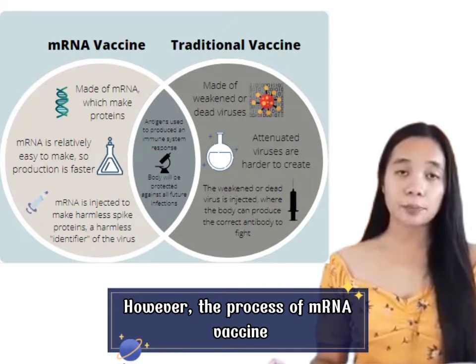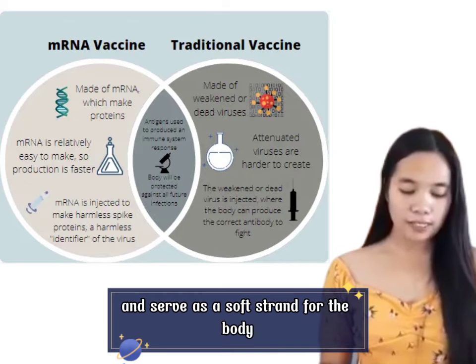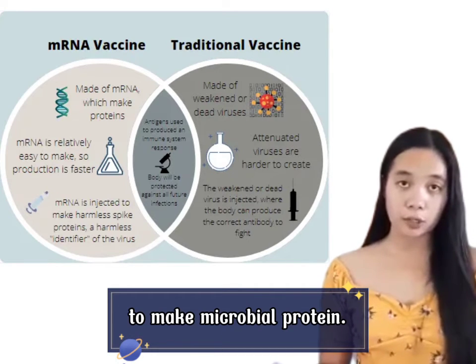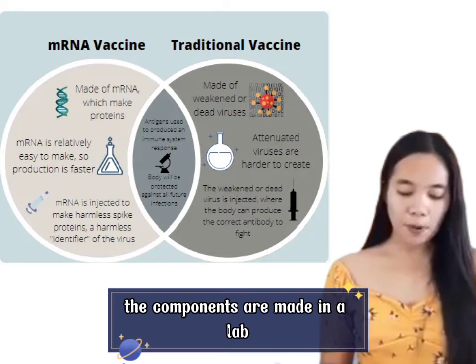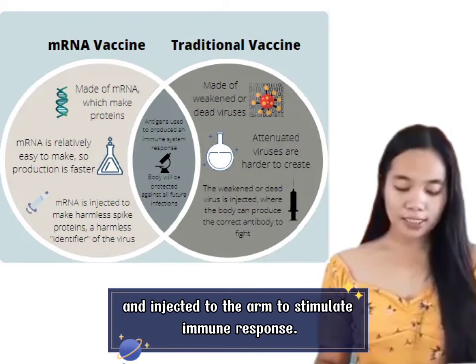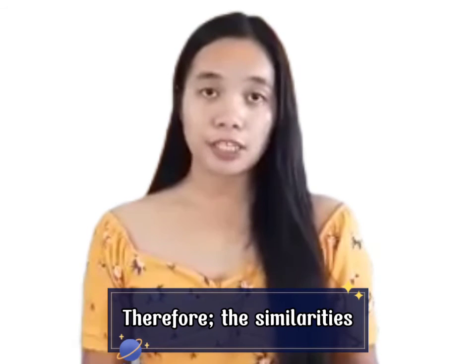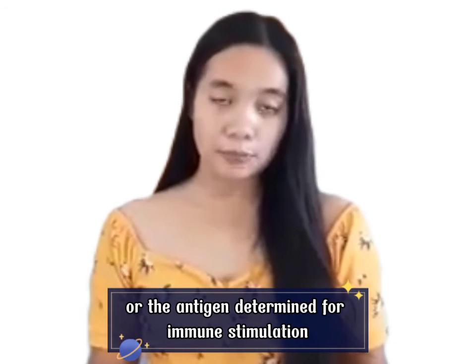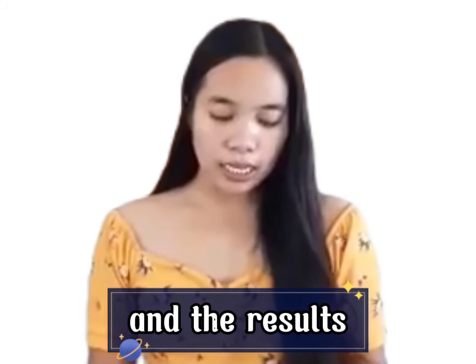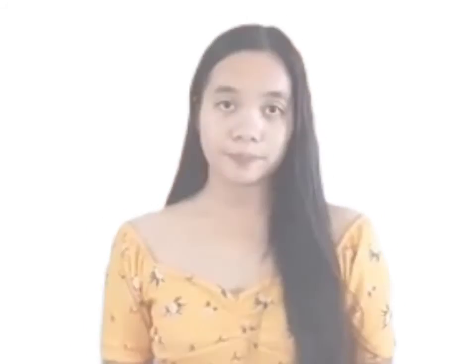In the process of the mRNA vaccine, the components are injected into the arm and serve as instruction for the body to make microbial protein. While in the process of the traditional vaccine, the components are made in a lab and injected into the arm to stimulate immune response. Therefore, the similarities of the mRNA vaccine and traditional vaccine are the R&D, or the antigen determined for immune stimulation, and the results: it teaches the body to protect itself against a microbe.